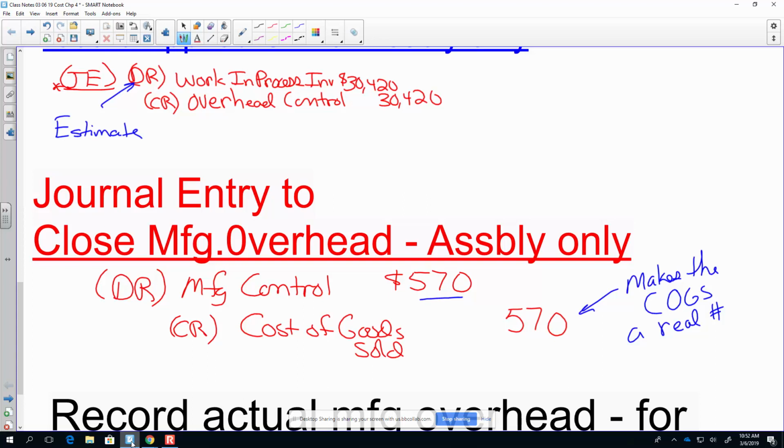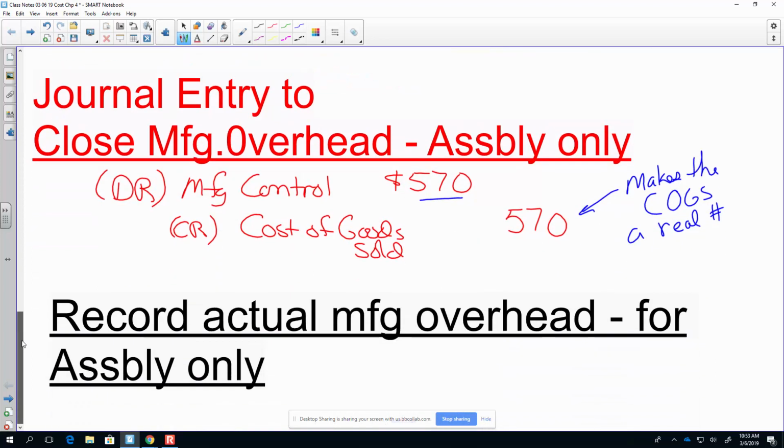I would say anything below 10,000 would be considered immaterial. Anything above 10,000, unless you're a really big company, would be material. But that's, again, a general rule of thumb. It really does depend on the company that you're working for. For the test, you will always be told whether it's material or immaterial.